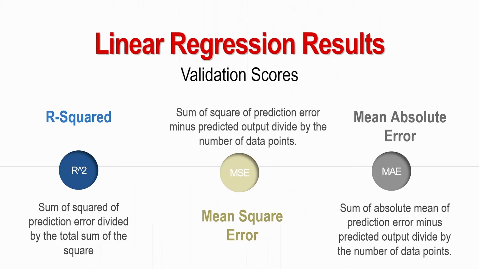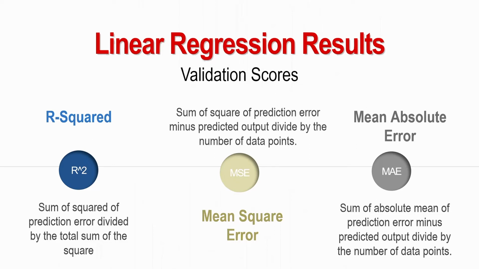One would be R squared, which is basically the calculation of the sum of squares of the prediction error divided by the total sum of squares. Basically, if R squared is 1.0, that means there's a perfect correlation between two variables. If R squared is 0, that means there is no correlation whatsoever.